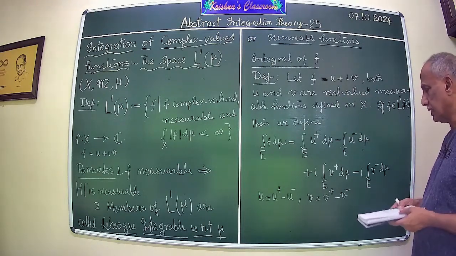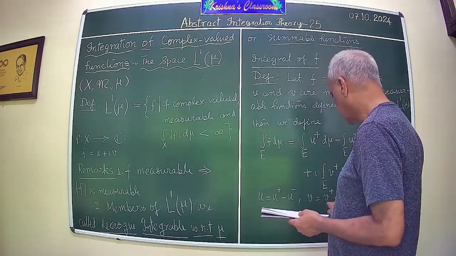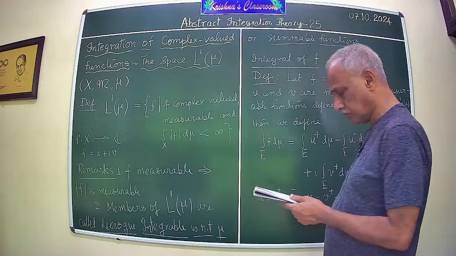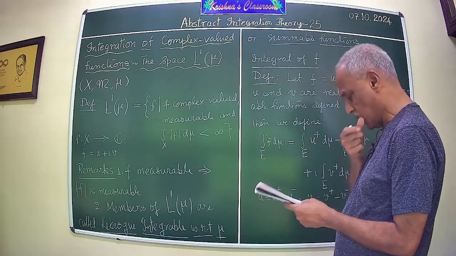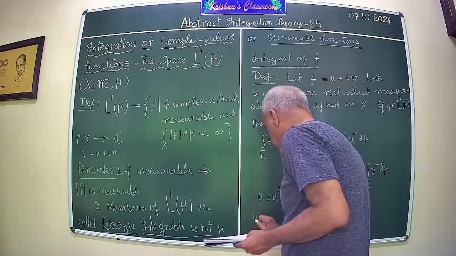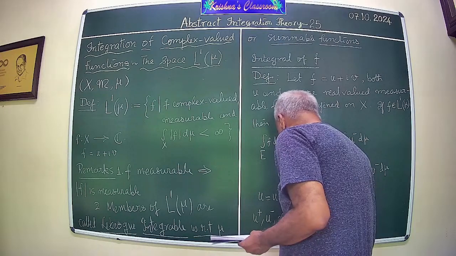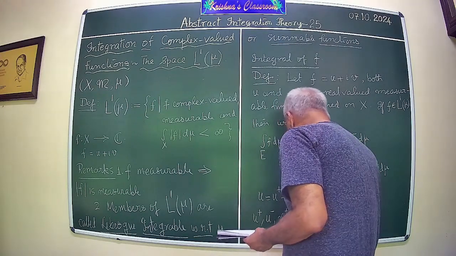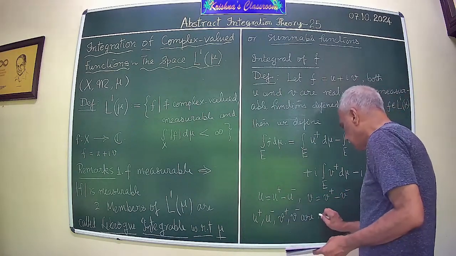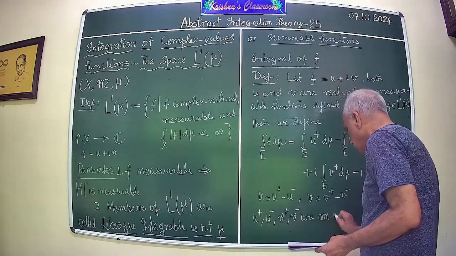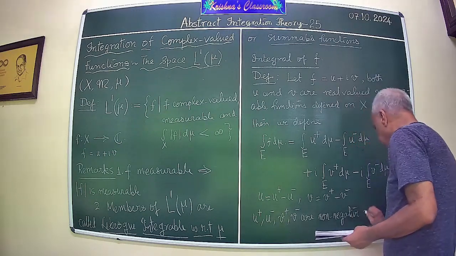So these are the positive part and the negative part. So u plus, u minus, v plus, v minus are non-negative, real valued, measurable functions.